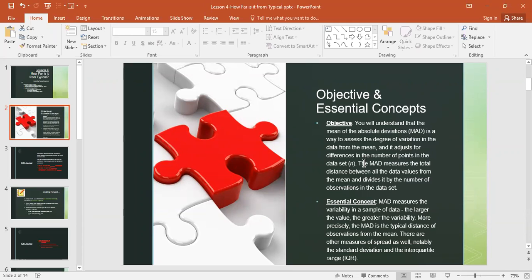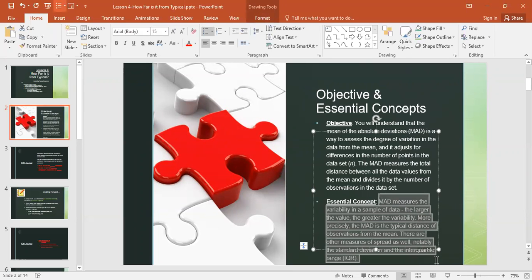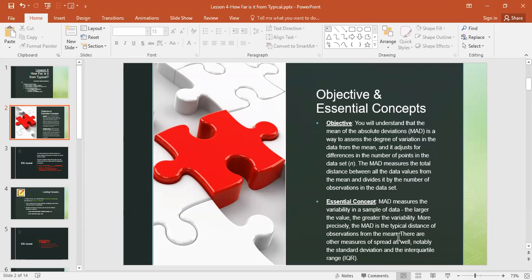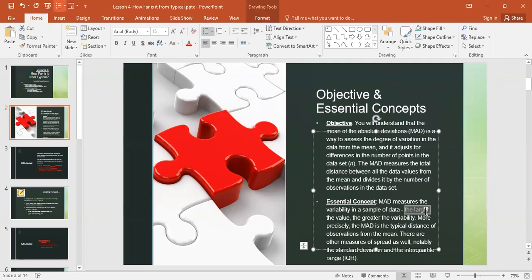So our essential concept, guys, the essential concept always gives you some very good things to notate in your notes. Okay, the essential concept is that the MAD, the mean of absolute deviations, measures the variability in a sample of data. Okay, this right here is important.